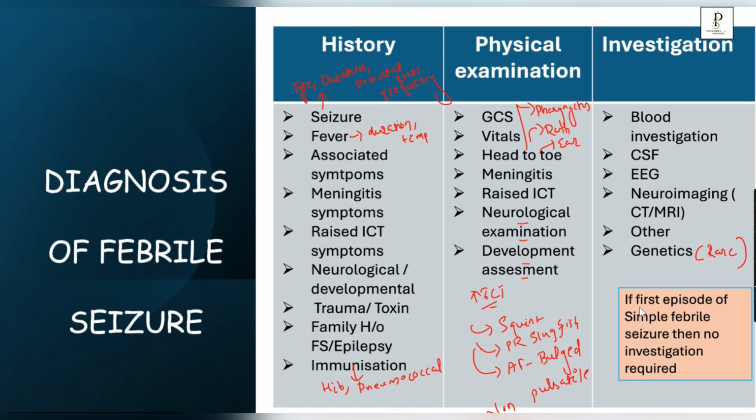First of all, you need to remember: in the first episode of simple febrile seizure, there is no need for any investigations. It is important. If it is a simple febrile seizure, first episode, you need not do any of this. If it is a complex febrile seizure or any other abnormality is there, then you should do investigations.